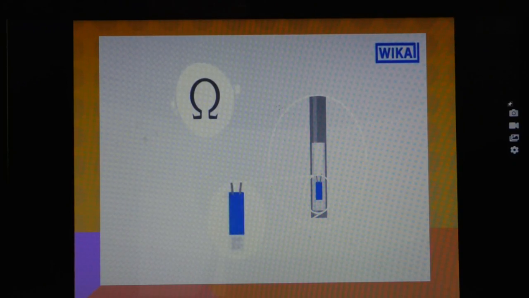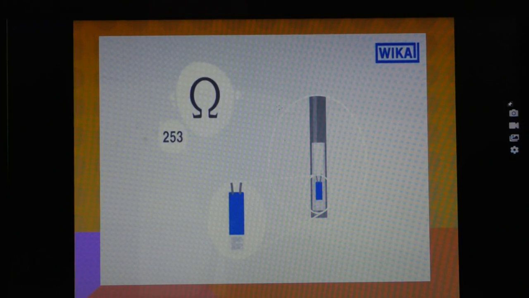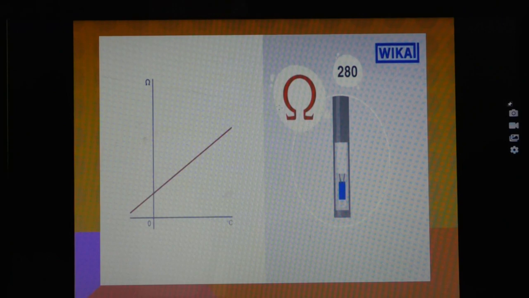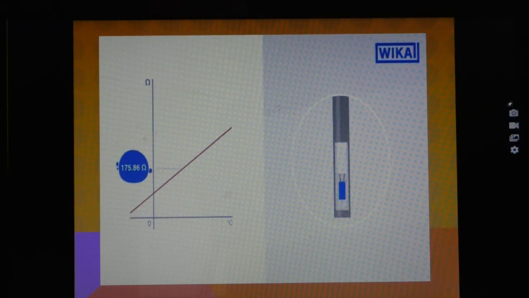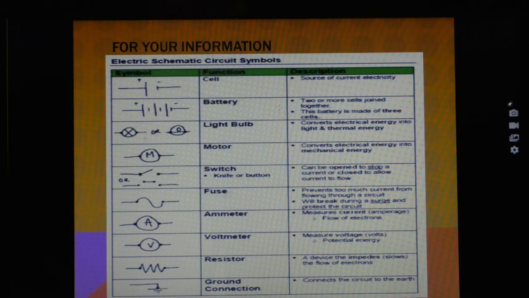The heart of the resistance thermometer is the platinum measuring resistor, which has values defined by standards. If the temperature changes, the electrical resistance in the sensor either increases or decreases following a precisely defined characteristic curve. By measuring the resistance, the temperature can be determined very accurately.